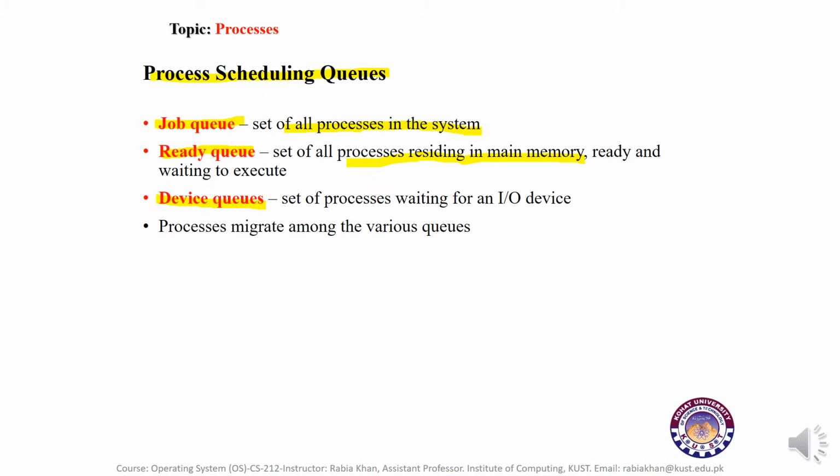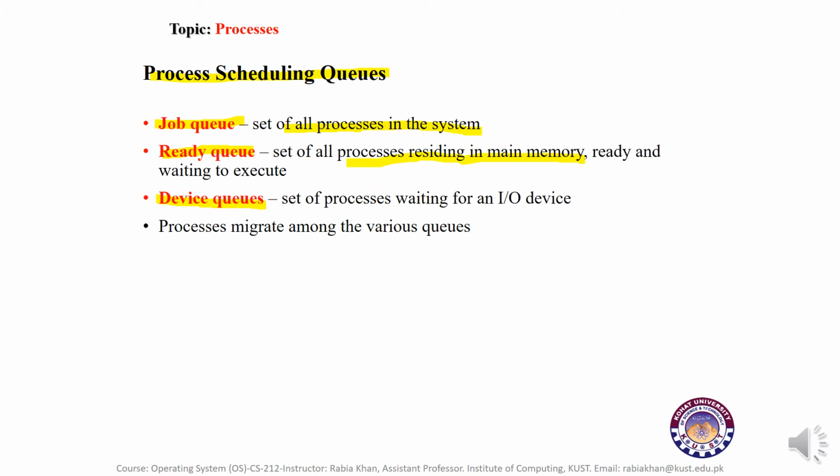You would give input to one process, then another process, because you have a single keyboard. Similarly, all other devices attached to your system are single instances. They are single resources, so the processes requiring those devices need to wait in that particular device queue.